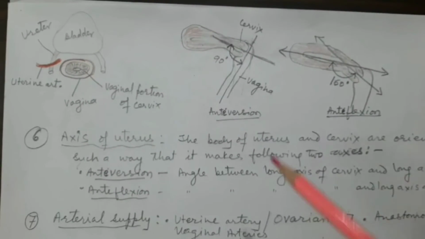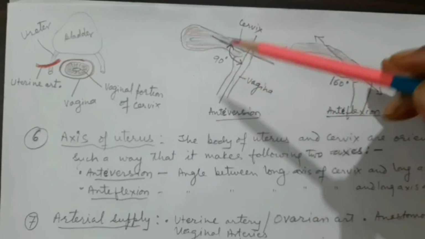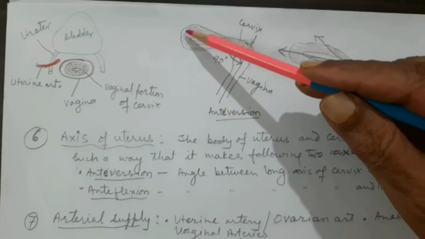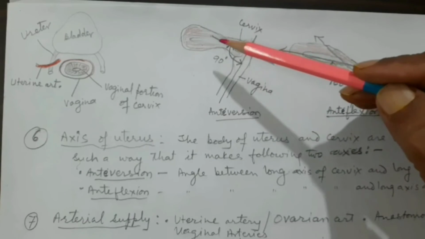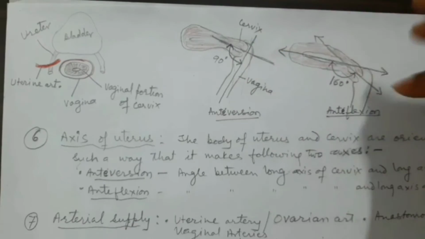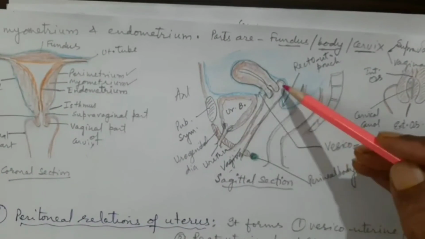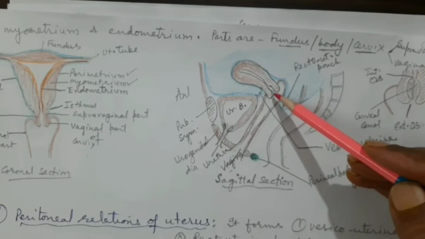Let us see here. This is the normal position of the uterus when the bladder is empty. This is the body of the uterus, this is the cervix of the uterus, and here is the vagina. The relations are better seen in this diagram. This is the vagina and this is the uterus.